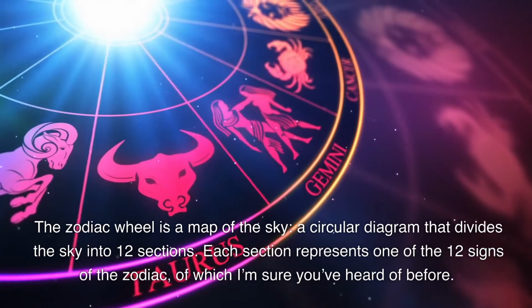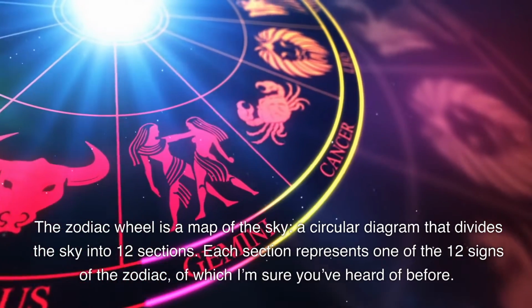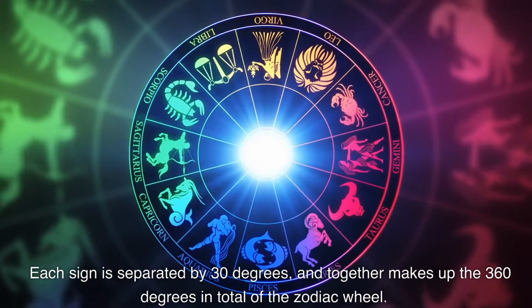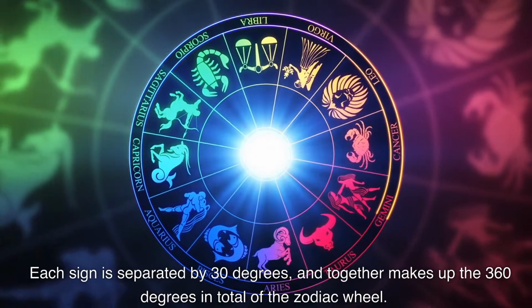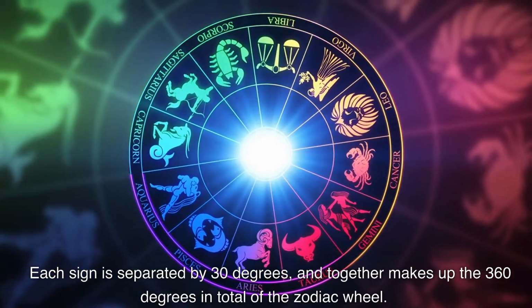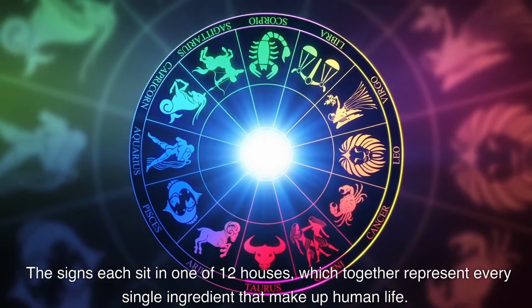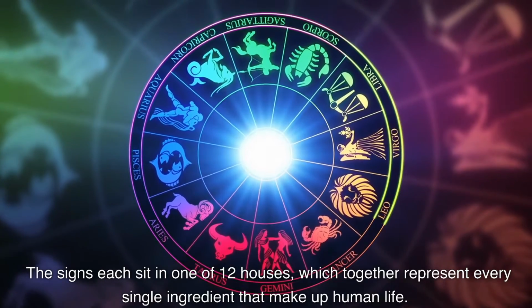Each section represents one of the 12 signs of the zodiac, of which I'm sure you've heard of before. Each sign is separated by 30 degrees and together makes up the 360 degrees in total of the zodiac wheel. The signs each sit in one of 12 houses, which together represent every single ingredient that makes up human life.